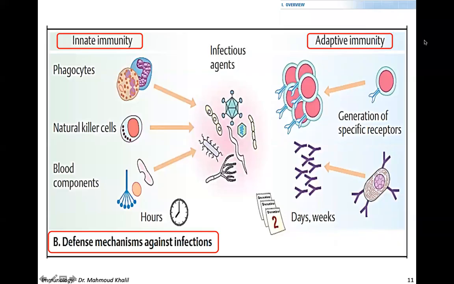So we can see here an illustration of the major components of the innate versus the adaptive immunity. For the innate immunity, you have the phagocytes, the natural killer cells, and a lot of blood components, including the complement system, that all participate in defending against any infectious agents. In adaptive immunity, you have two major types, as we said: the T cells and the B cells.